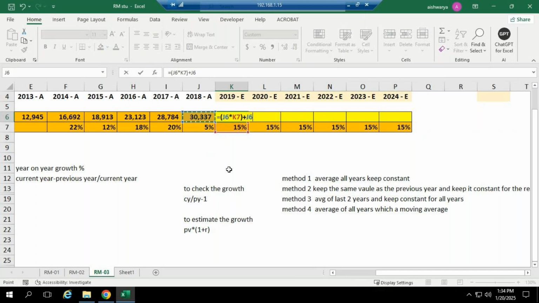So this is the first method of calculating the growth. Okay, so now press enter.